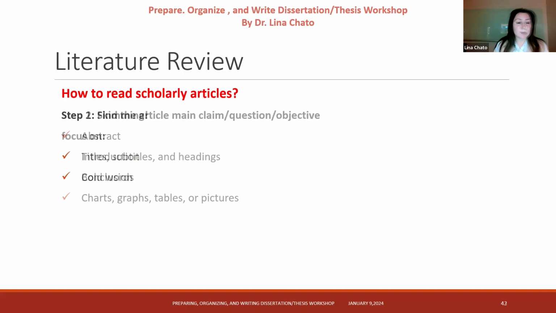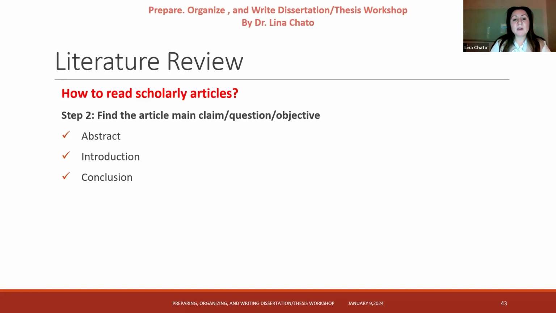This is the skill. Then you need to find the article main claim, question, or objective. As I mentioned, this information, you can find them in the abstract and conclusion, also in the introduction part. So when you read article or thesis, you need to look on these three items carefully.